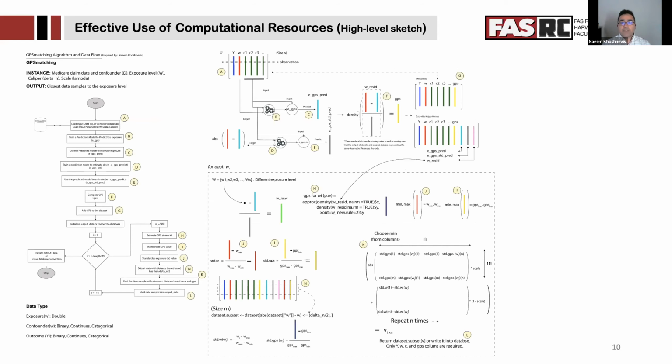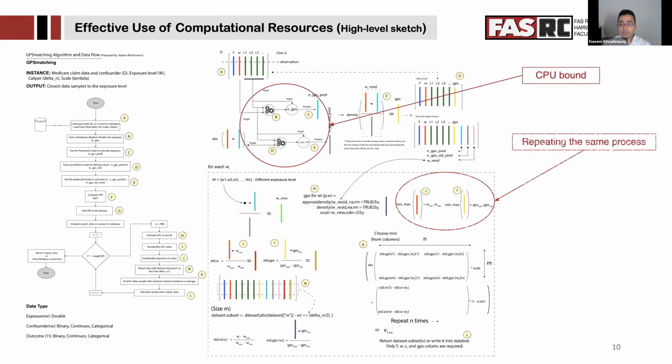There are many examples of improvement, but here I'm showing a couple of them. There are some parts that are CPU bound. There are some parts that repeat the same process in a loop when it is not necessary. And at some point, they are making a very large matrix that makes it very hard on memory and causes out of memory errors.